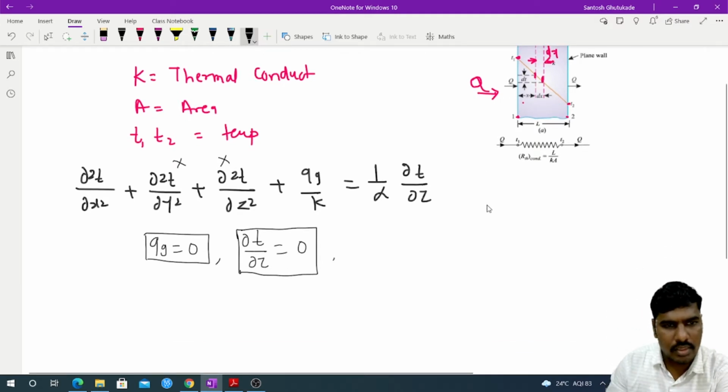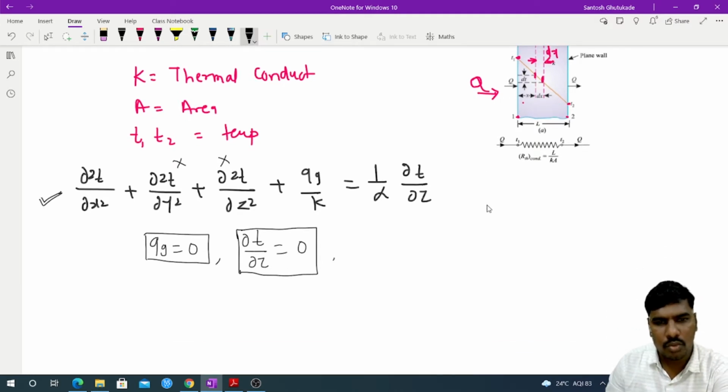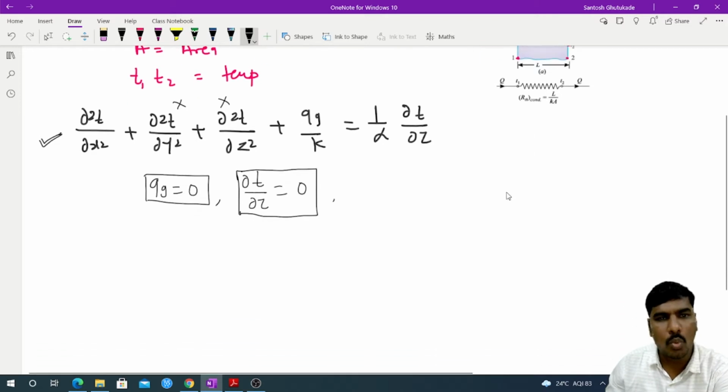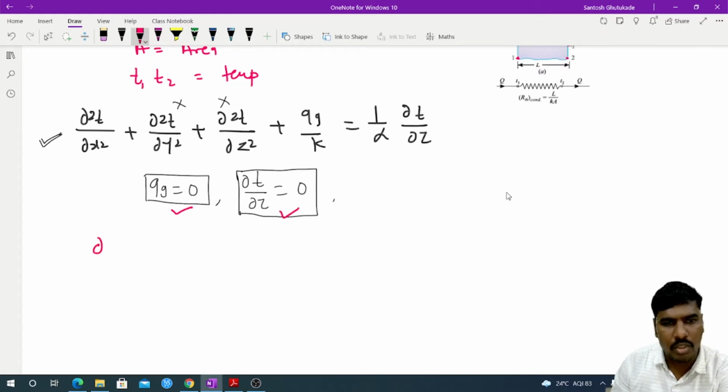Now this is the generalized heat conduction equation, and we have reduced it to the one-dimensional Laplace equation. In the Laplace equation, Qg is 0, dou T by dou tau is 0, and we have taken only one dimension. So dou square T upon dou x square is equal to 0. This is equation number 1.